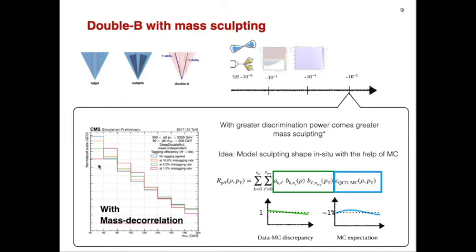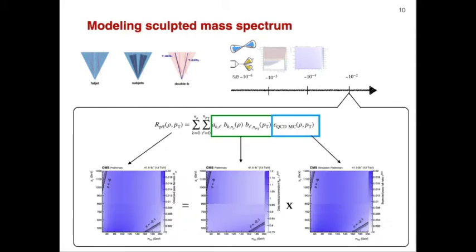To combat this, we adopt a similar approach to the decorrelation in N2, where we build the expected mass sculpting map using simulation and apply the data to Monte Carlo correction to account for the residual differences. Visually, this is how each component of the sculpting is done.